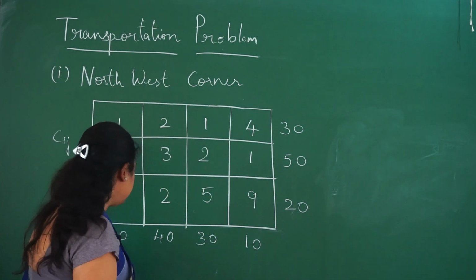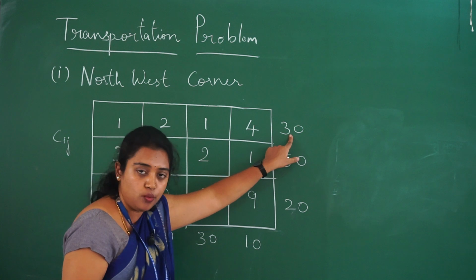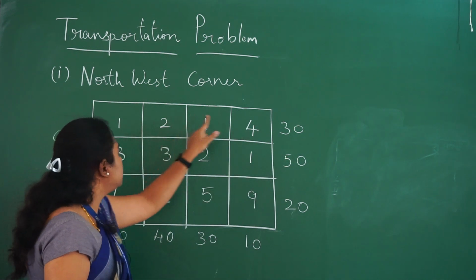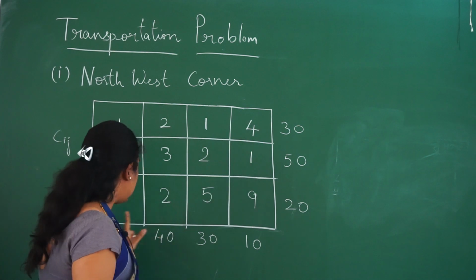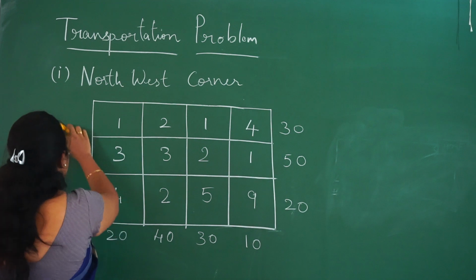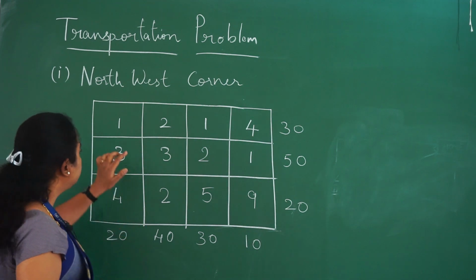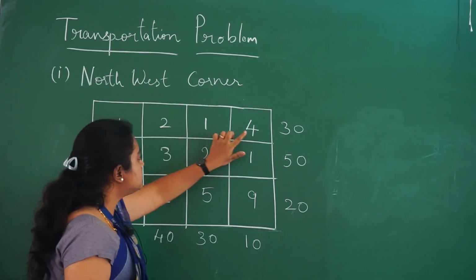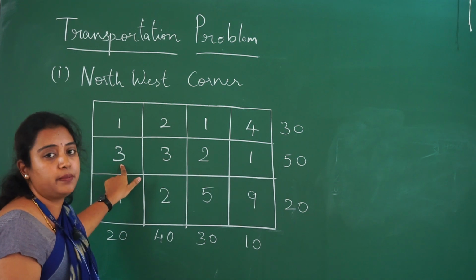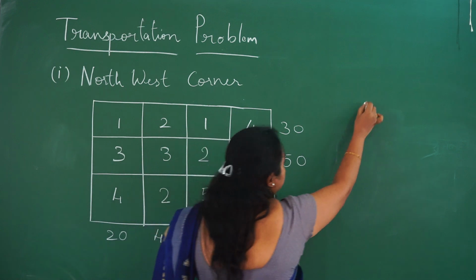For example, to travel from your college to home, this can be the path, this can be the path, it can be any of the paths. So remember my dear students, these numbers inside the cell are known as the cost, represented by Cij.